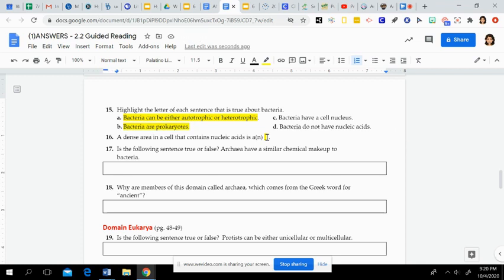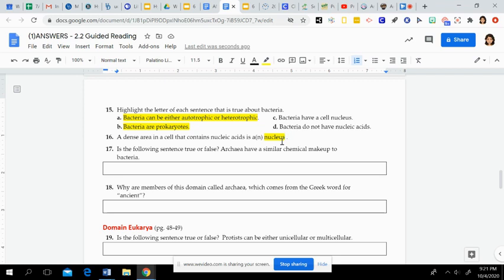Question 16 then, a dense area in a cell that contains nucleic acids is called a nucleus. In our next section of chapter 2, we will start getting into cells a little bit more, and then at the end of chapter 2, we go through the individual parts of a cell and how they function, so we will learn about the nucleus a little bit more.